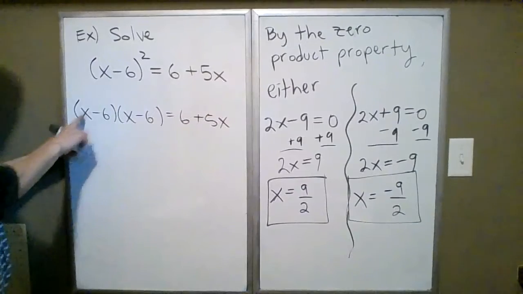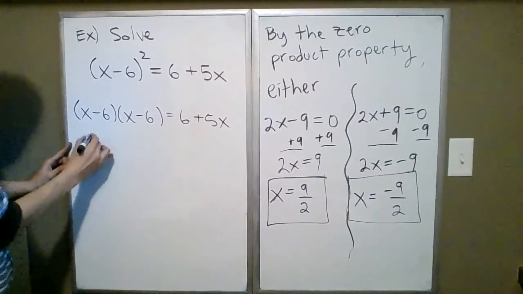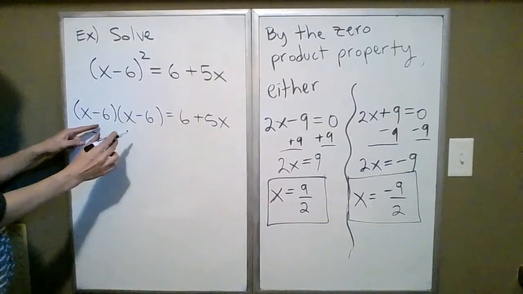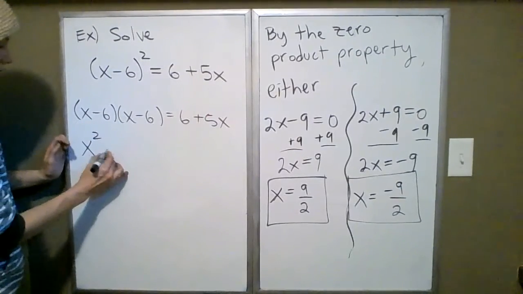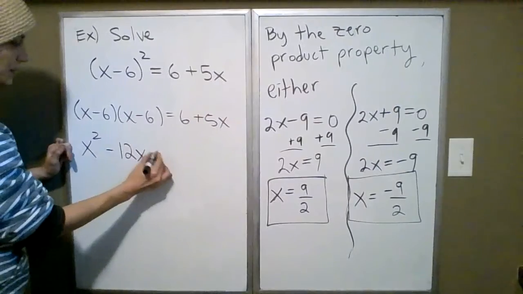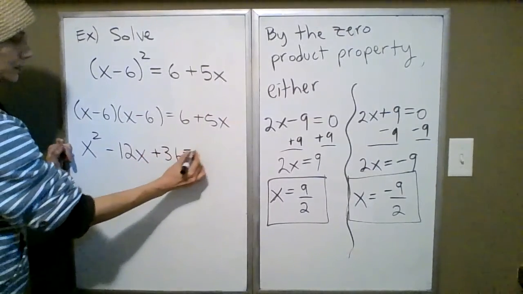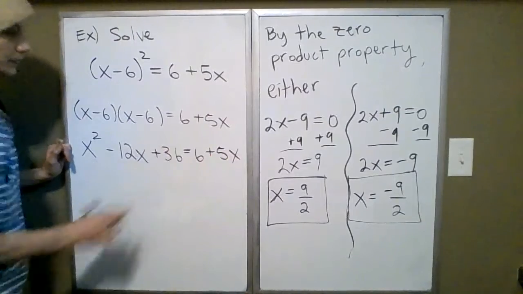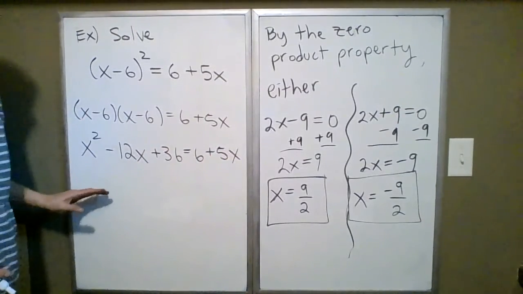So it's FOIL, there's an x squared minus 6x minus 6x is a negative 12x. And then plus 36. Right.